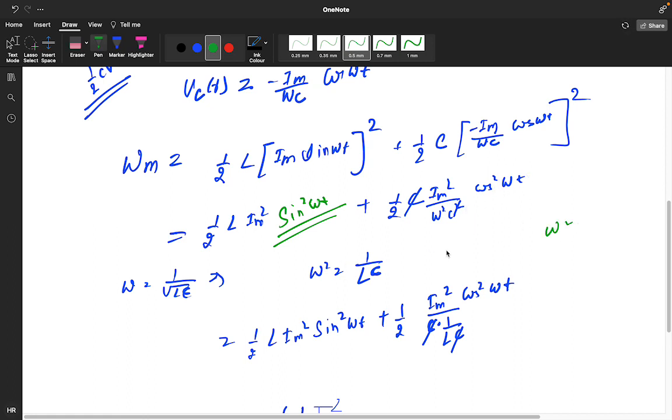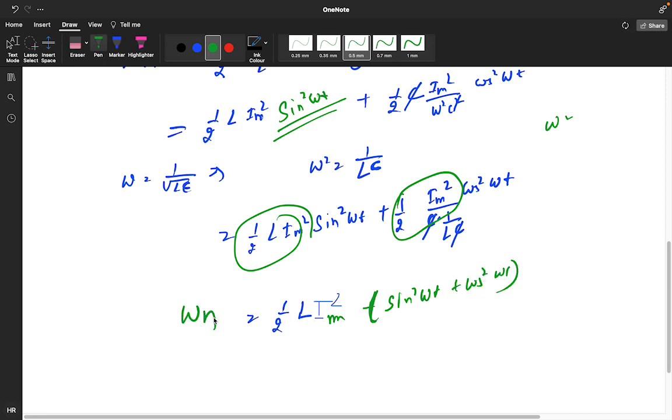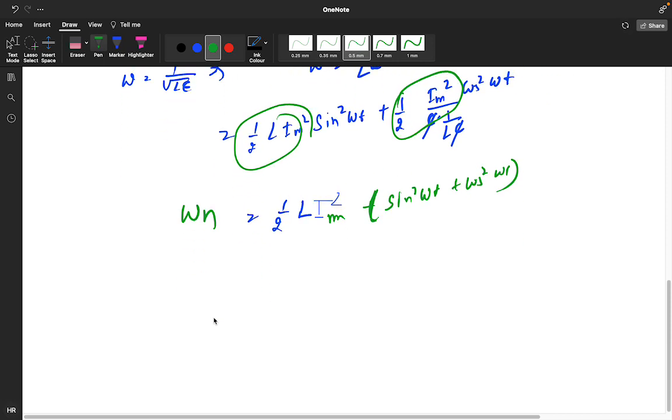Now if omega is 1 by root LC, omega square is 1 by LC, so C square and C will get cancelled out, and this L will go upside. Taking half L Im square common, we get sin square omega t plus cos square omega t. So the maximum energy you are getting is 1 by 2 L Im square.